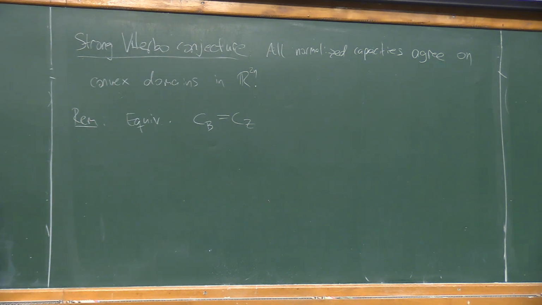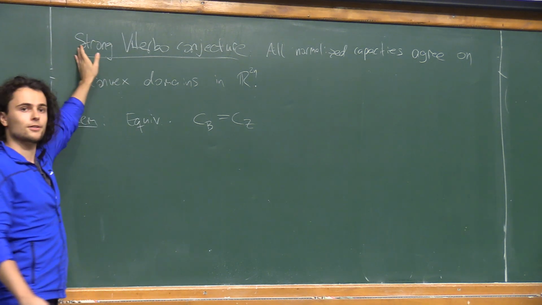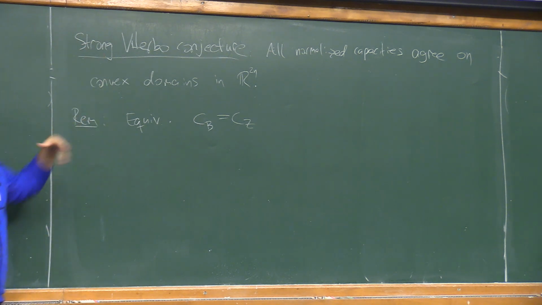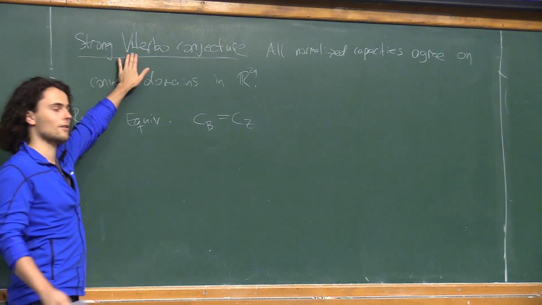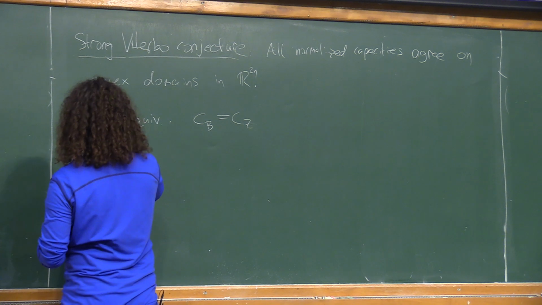It's called strong Viterbo conjecture in the literature. It's not quite clear whether Viterbo actually wrote this conjecture down. But the reason it's called that is that it implies the conjecture that Viterbo actually did write down. So let me call that just the normal Viterbo conjecture.